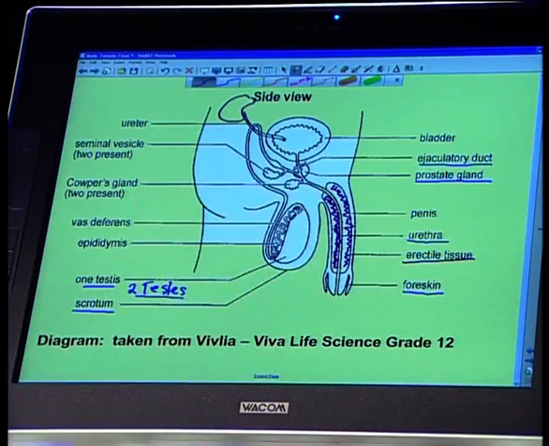So a male is incapable of urinating when he has an erection. And the reason for that is to safeguard the sperm cells, because they're on their way now towards sexual reproduction, because copulation is clearly occurring. Copulation is when the male inserts his penis into the female vagina, to get the sperm to the egg cells.